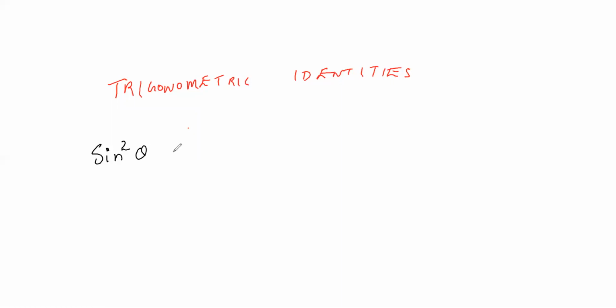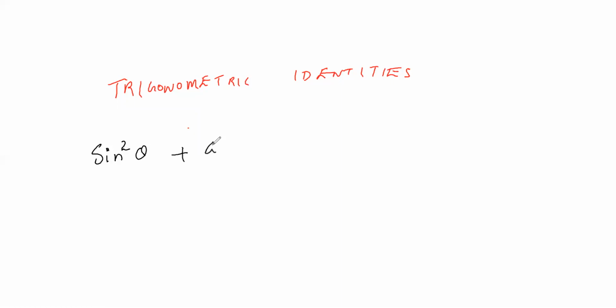So the next topic is trigonometric identities. Very easy to remember. There are mainly three identities which you'll be learning in class 10, and even if you go to class 11th or 12th, you'll be needing the same thing.